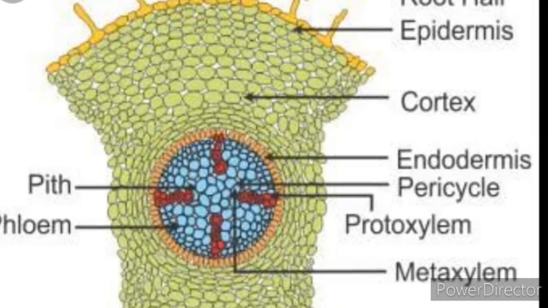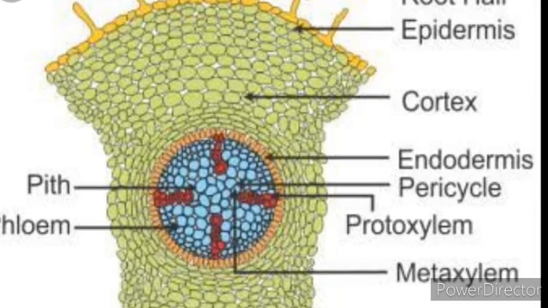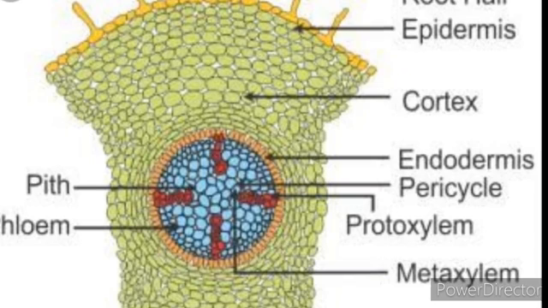It is a few layers of thick walled parenchymatous cells. Initiation of lateral roots and vascular cambium during secondary growth take place in these cells.